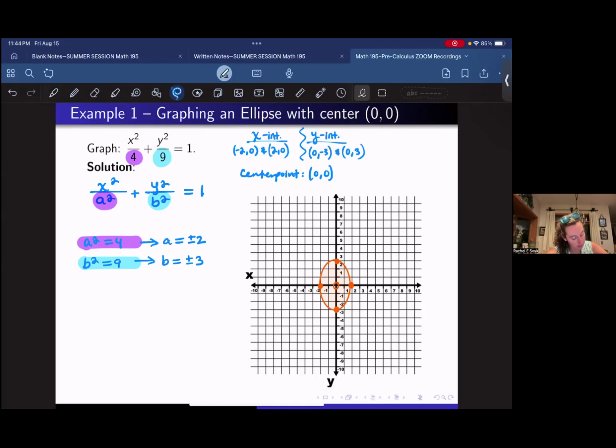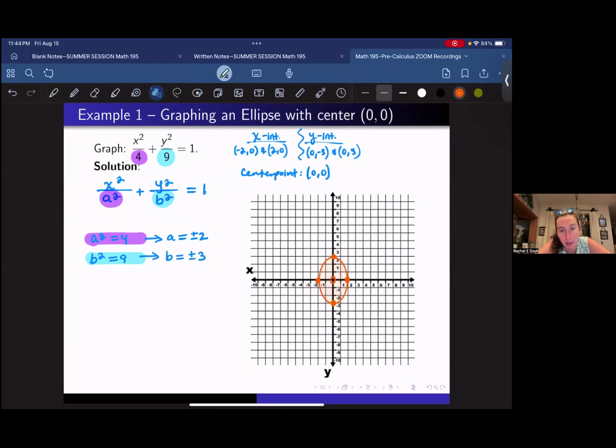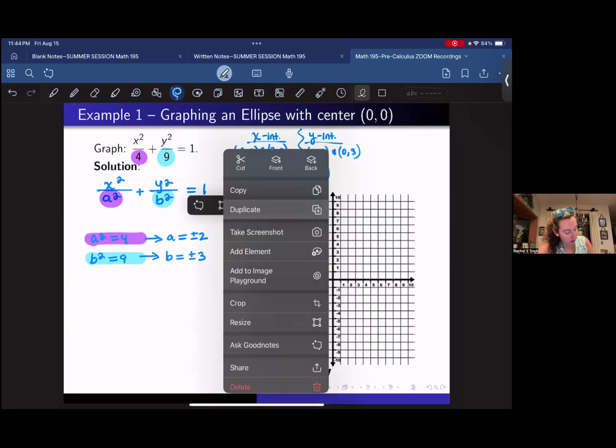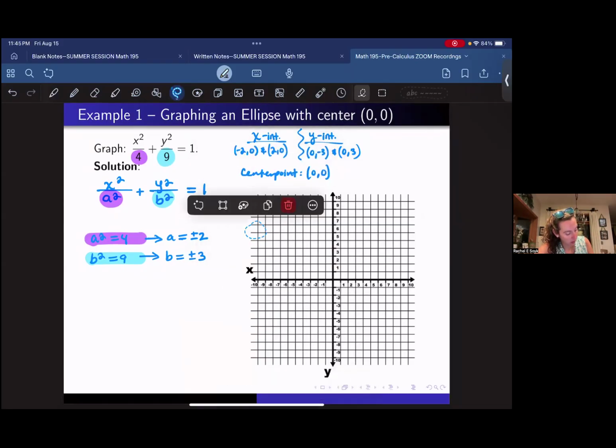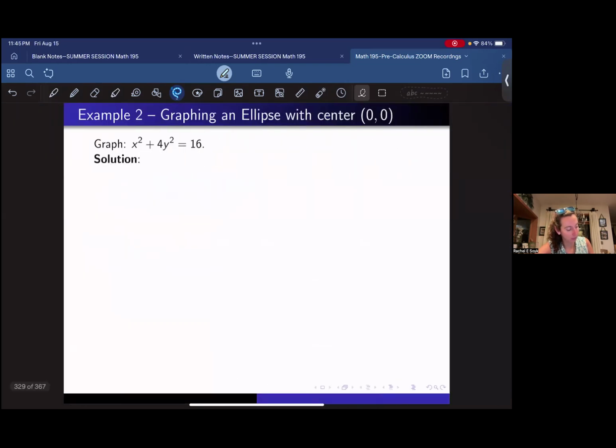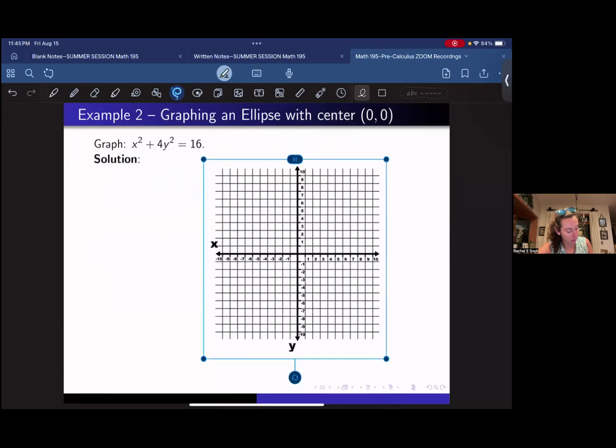And it's done. So let us do another example together, and then I'm gonna copy and paste this so that we have it for the next example as well. Okay, I'm gonna bring that one in.